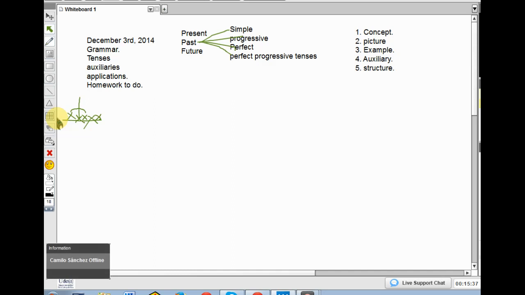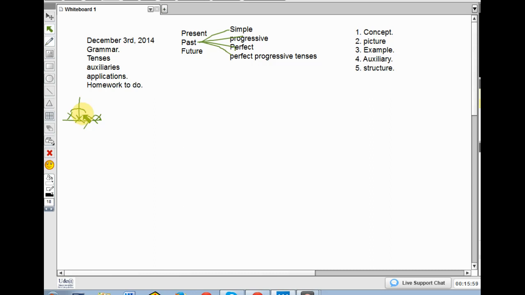For example, what were you doing when she called you? So this action is going to be a simple past. When she called you is a specific action, and the question is, what were you doing? So what action was taking place when she called you? You say, oh well, I was sleeping when she called me.